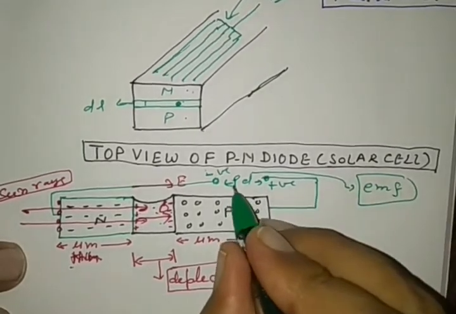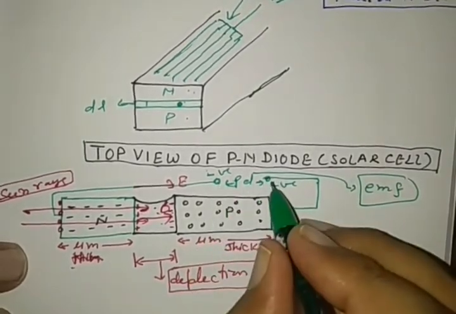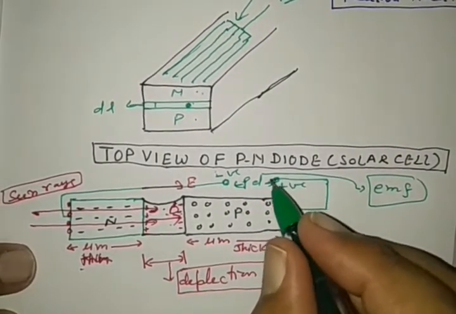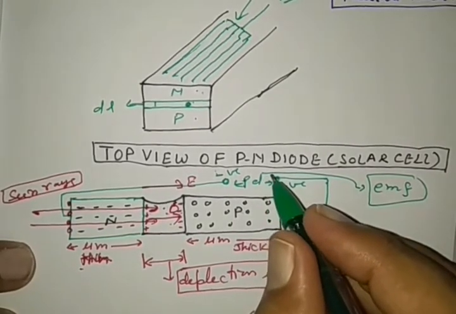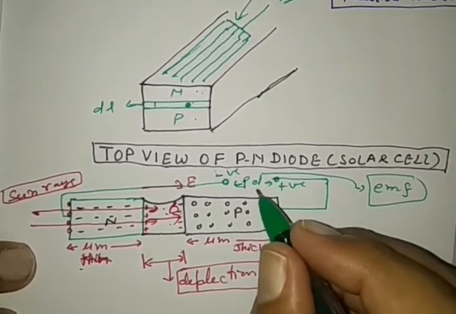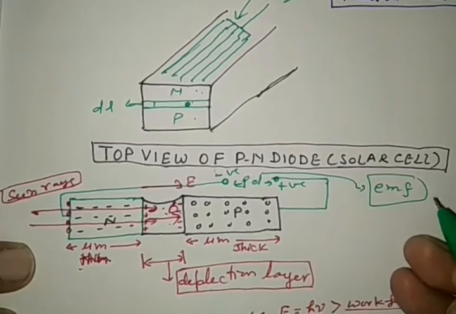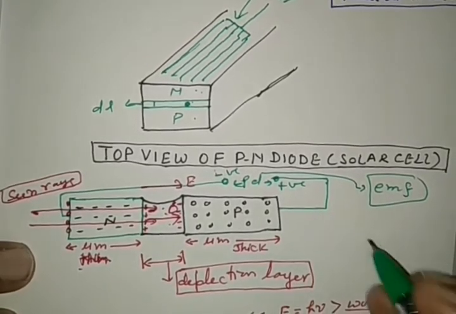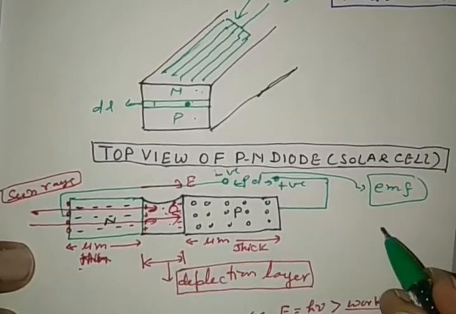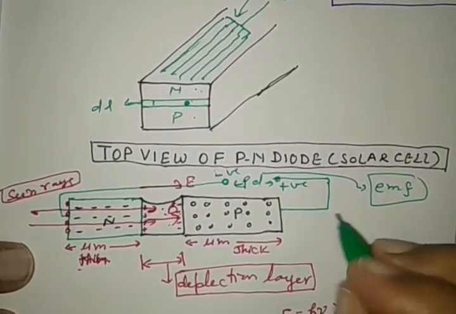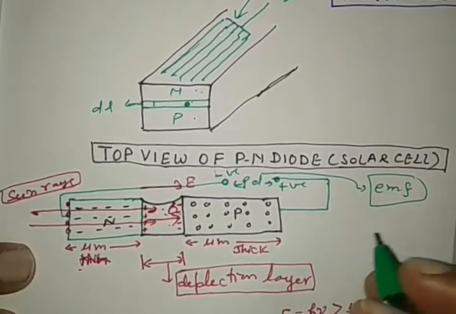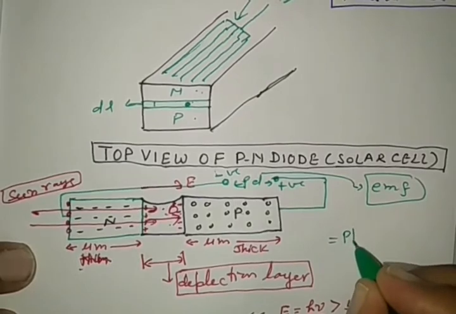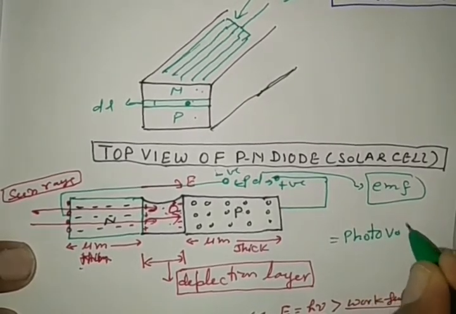If we connect a small cell, a small battery, a calculator, or a clock, it provides energy to run the clock or calculator by the solar cell, this PN junction diode. This voltage is called photovoltage.